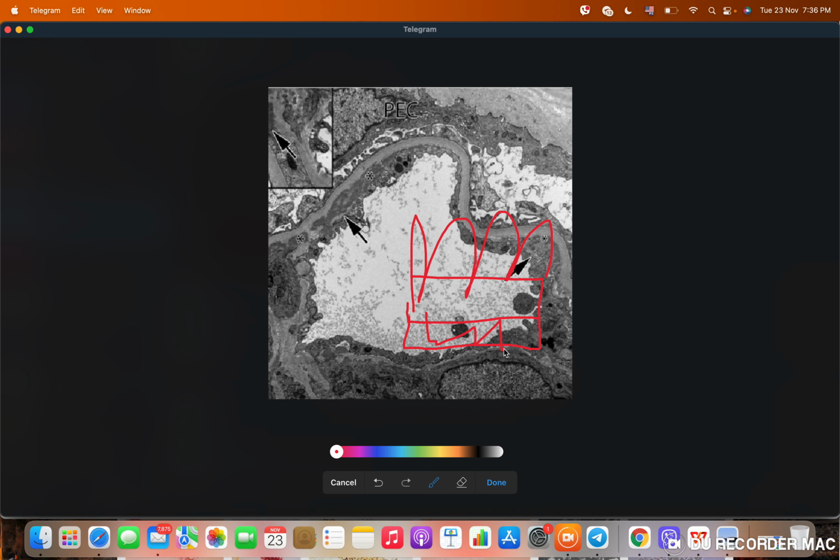So the basement membrane is like a sandwich between two layers, okay? So you need to detect which layer is where. I told you one layer is the epithelial cells, which is the podocytes. Podocytes from one area and endothelial cells from the other area. The endothelial layer, is it near the Bowman's capsule or near the vessel? Yes, it's the blood vessel, exactly.